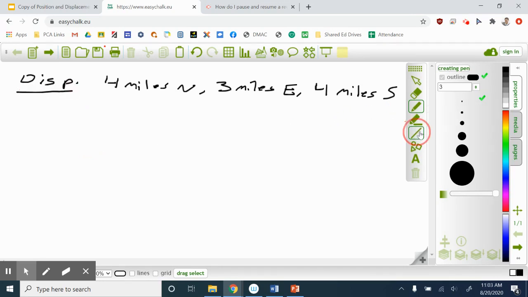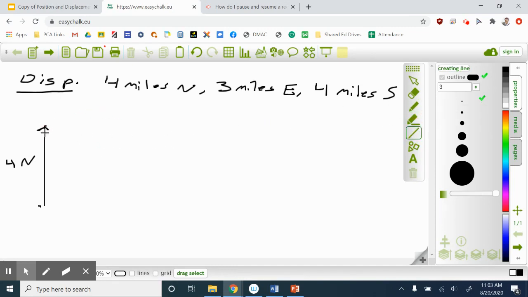So I'm going to do this again, kind of like we did last time. I'm going to make a starting point. All right, here's my starting point right here. That's where we're starting. So we're going to go 4 miles north. I'm going to indicate that so I don't get lost later. And I'm going to put arrows to indicate which way I was traveling.